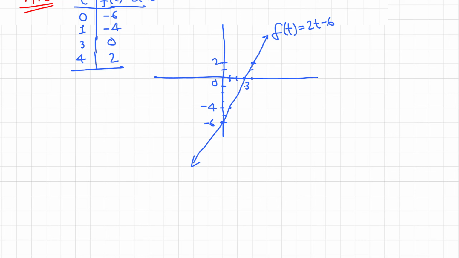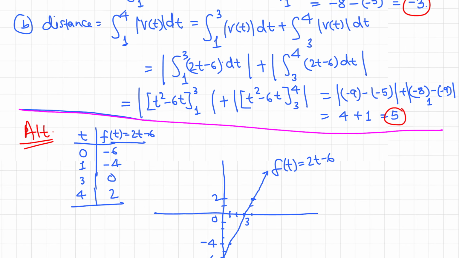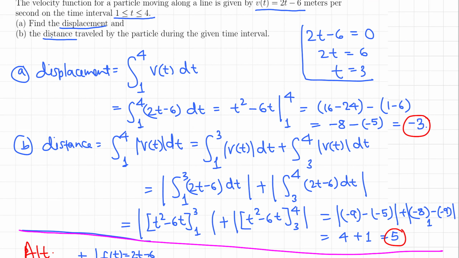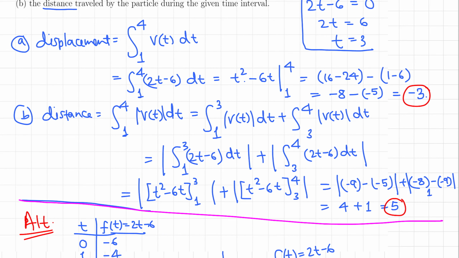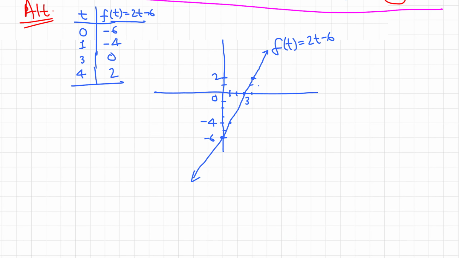Okay, and we are asked to find the displacement and distance traveled during 1 through 4. So let's look at this graph. 1 is here, 4 is here. The definite integral is pretty much area under the curve.